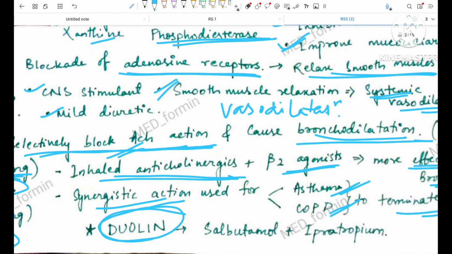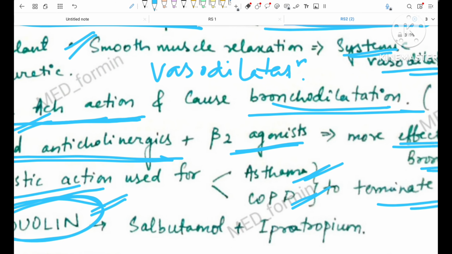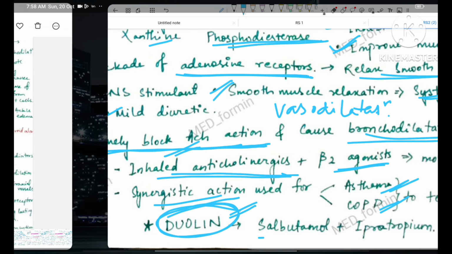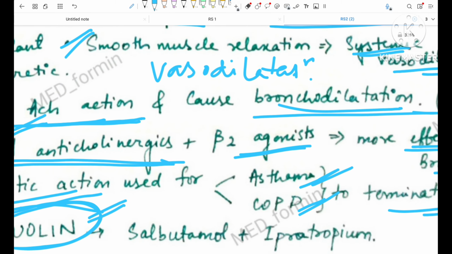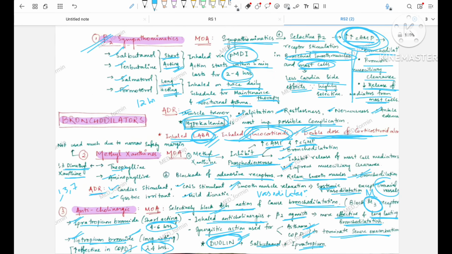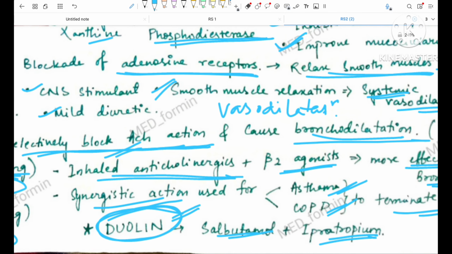Duolin is a clinical formulation which is most commonly used as nebulization in treating patients of COPD and asthma. Duolin is composed of salbutamol and ipratropium bromide. This is an important composition you should know about.